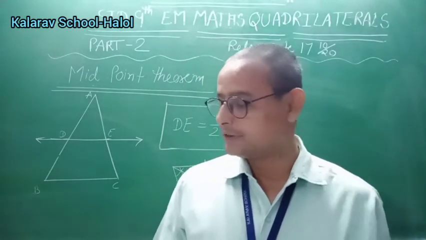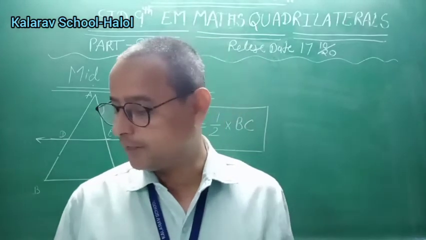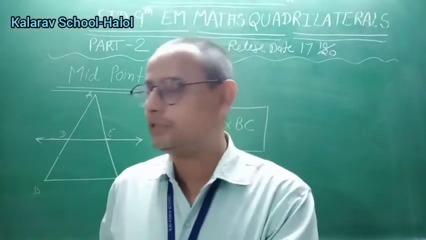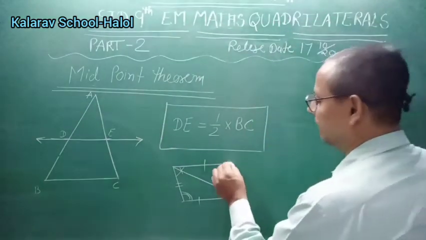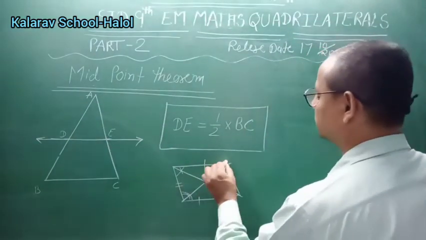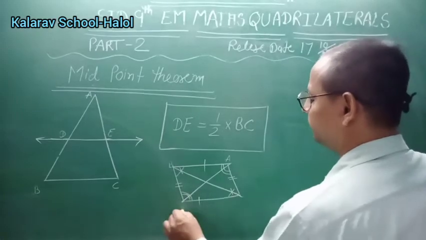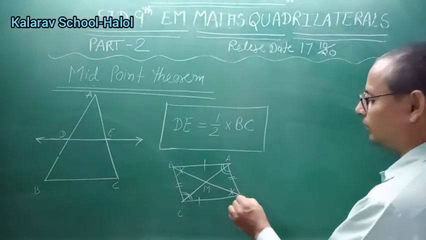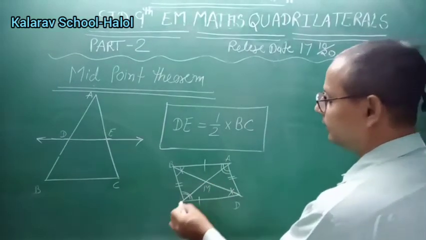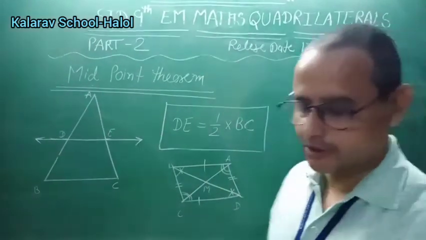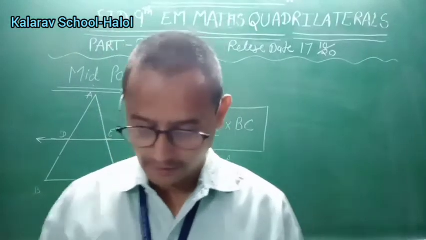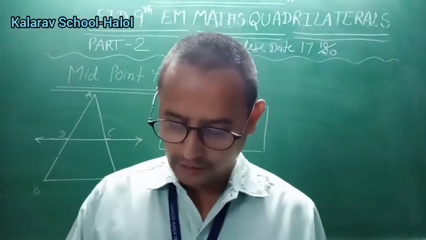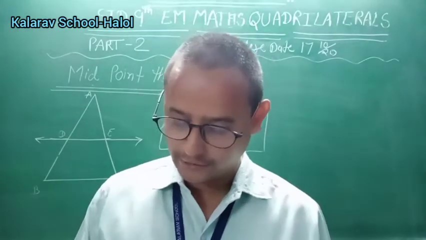Similarly, the next statement, on page number 141: the diagonals of a parallelogram bisect each other. Bisect means equally. Suppose this is A, B, C, D and this is M. So BM equals DM and AM equals CM. Is it clear? And next, if the diagonals of a quadrilateral bisect each other, then it is a parallelogram.